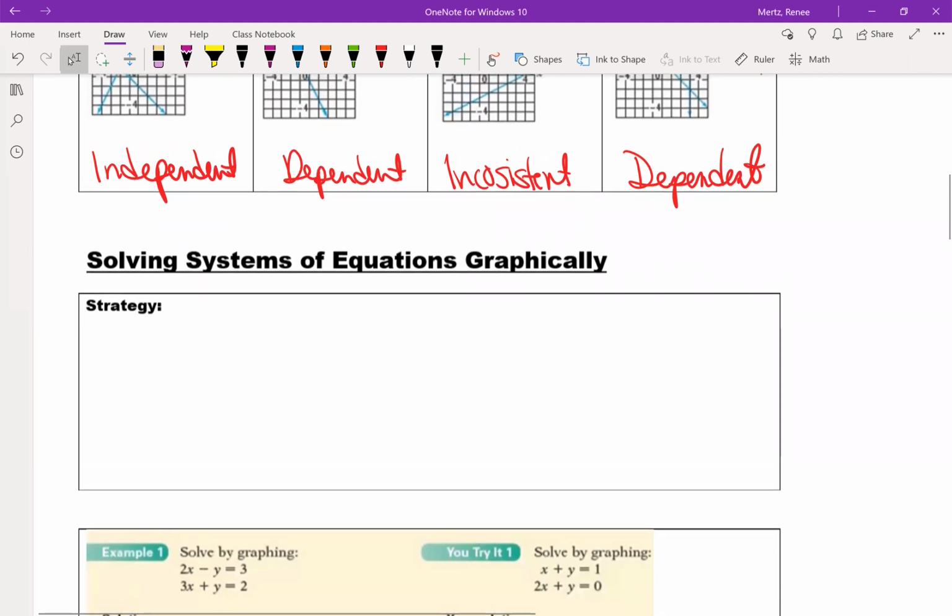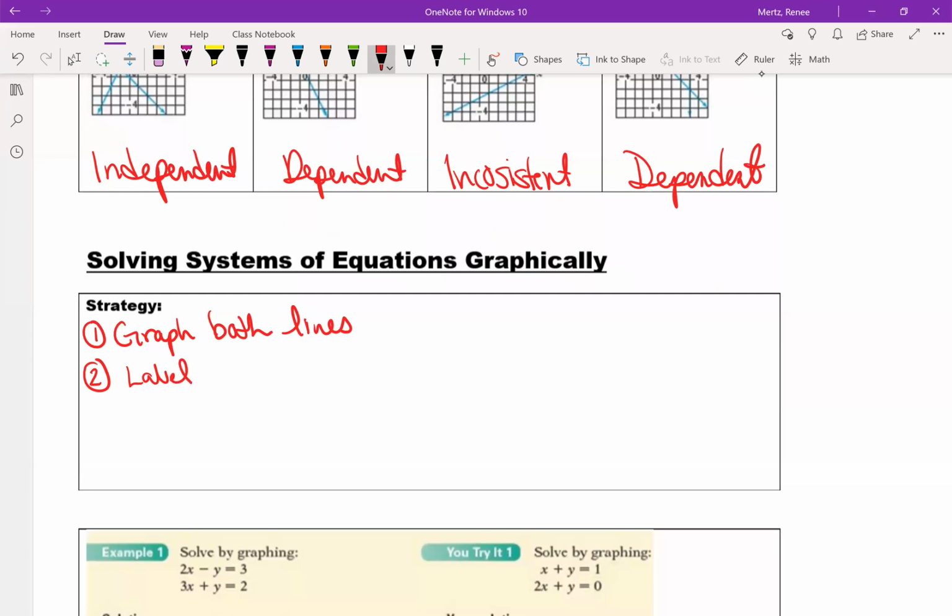All right, so how to solve these graphically? You probably already know what to do, but we're going to start by graphing both lines. You may either do the chart method or do the y equals mx plus b and graph by slope and intercept. Most likely, the graphs will intersect.